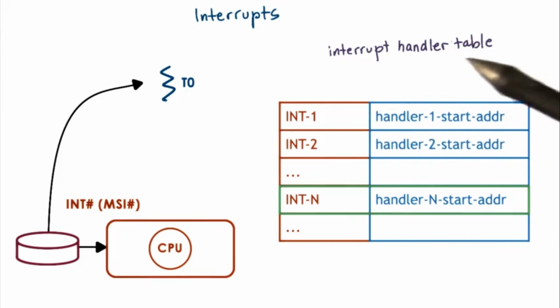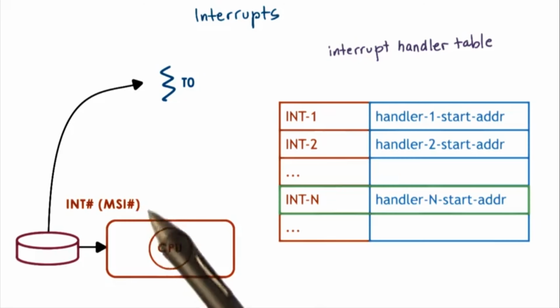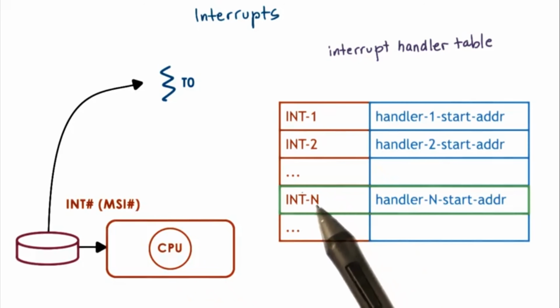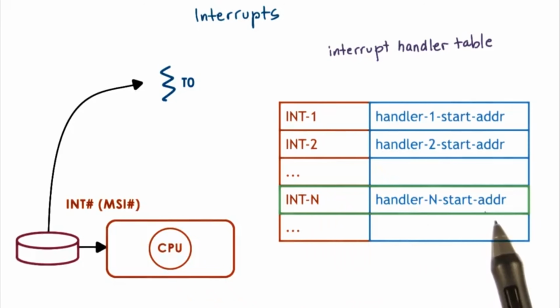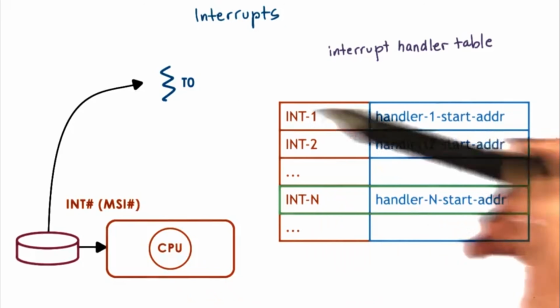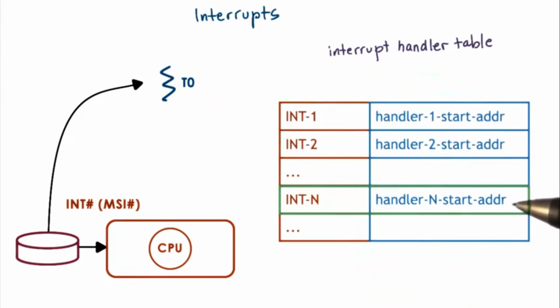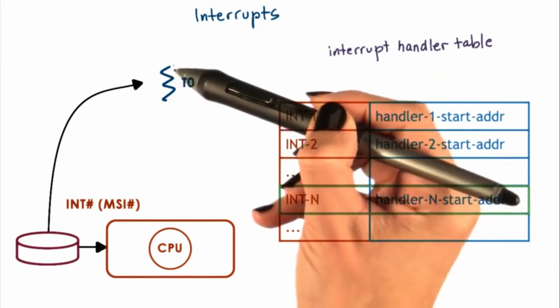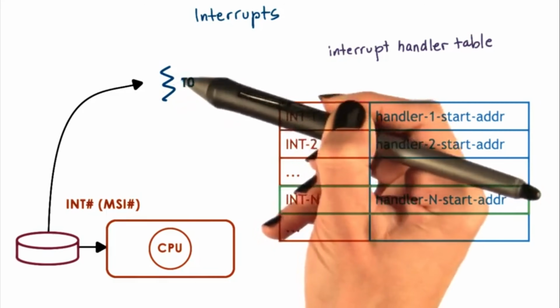So this is the interrupt handler table. Based on the interrupt number, for instance, interrupt N in this case, we look up the starting address of the handler code, and then the program counter is set to that starting address, and the execution of the interrupt handling routine starts. All of this happens in the context of the thread which was interrupted.